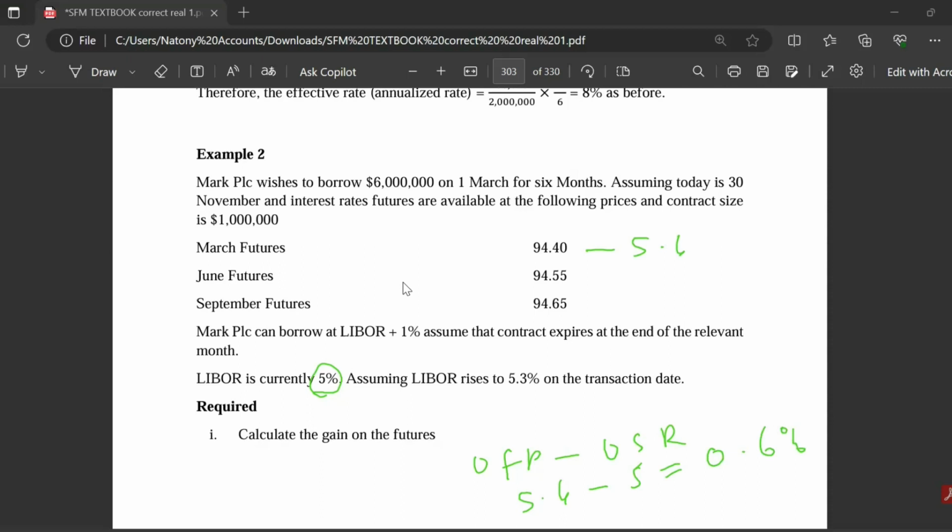The reason I'm calculating the basis is because I want to know the unexpired basis on the transaction date. So how do I know the unexpired basis? Earlier on, I said there are 3 dates that you must be familiar with: today's date, the transaction date, and the contract expiration date.